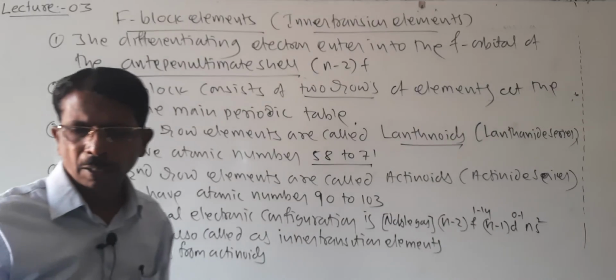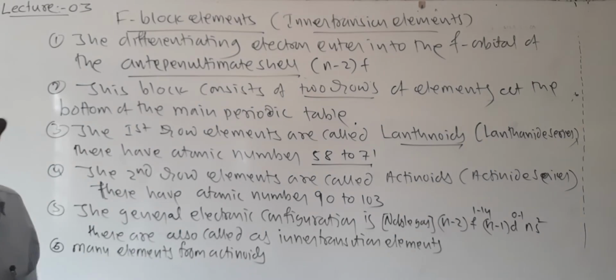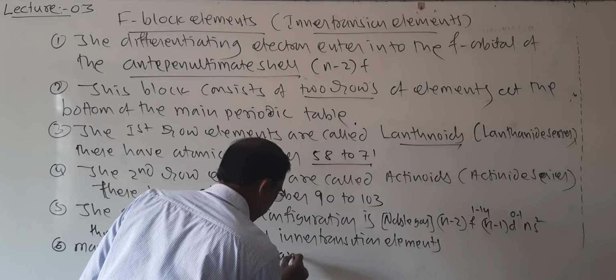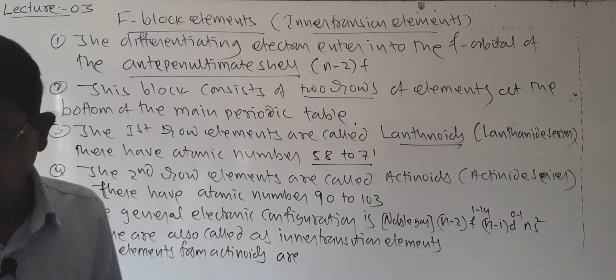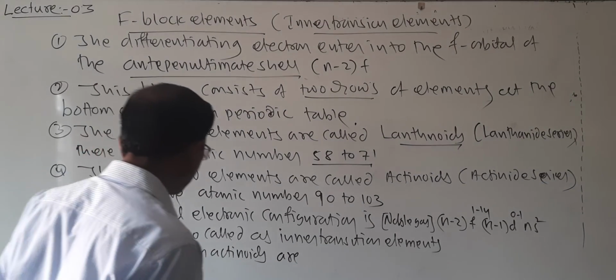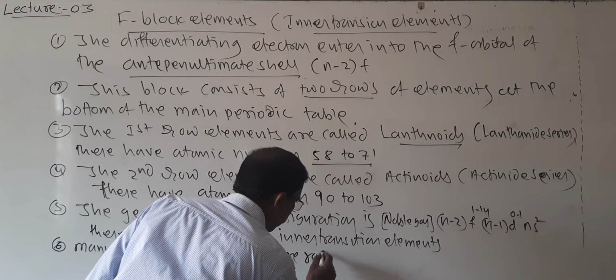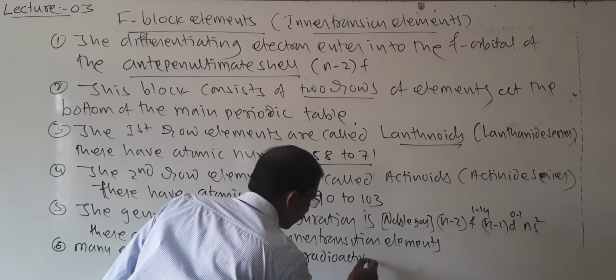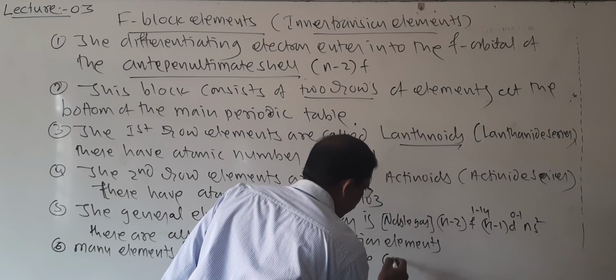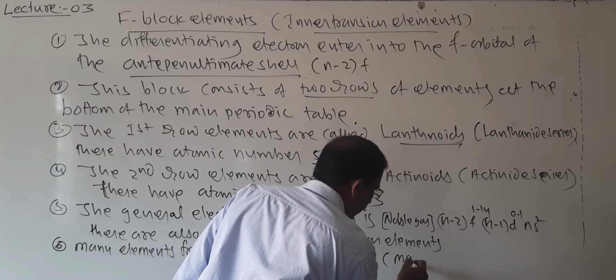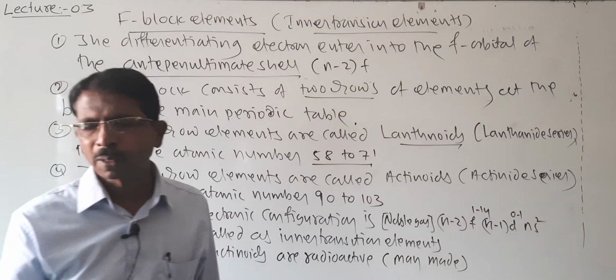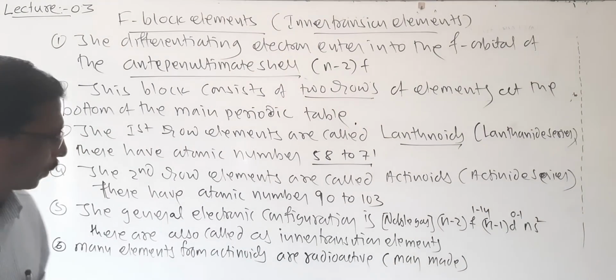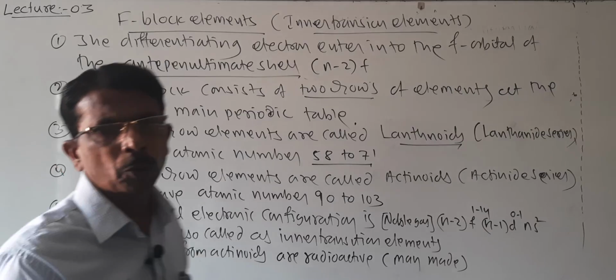Many elements from actinides are radioactive, and these can be prepared in the laboratory. That is, man-made elements are there. So this is about F block.